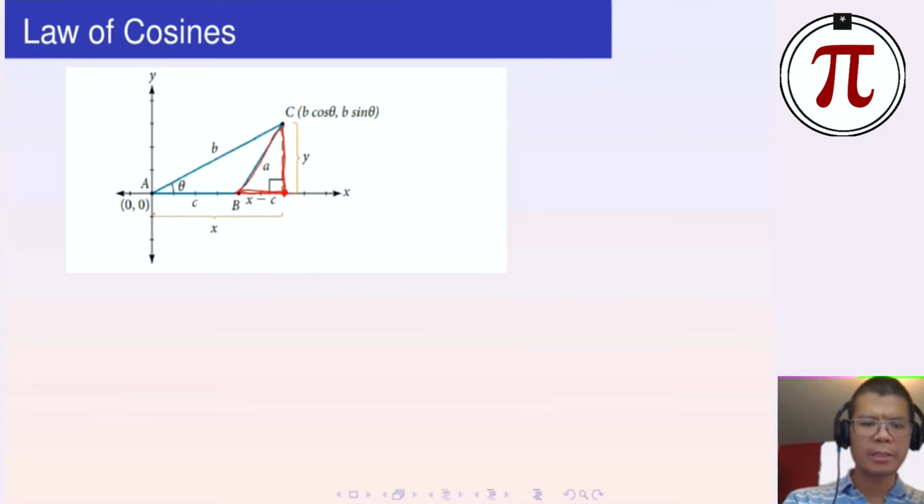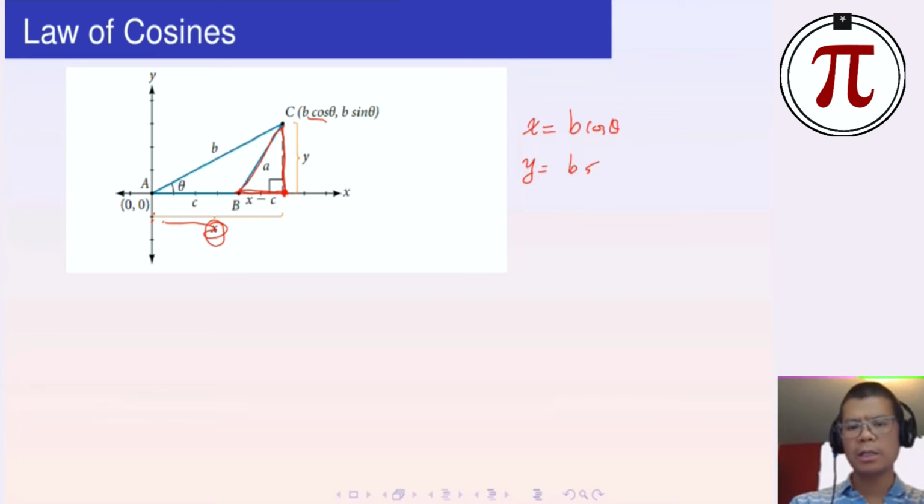This distance x equals what? x is the x coordinate of point c. So x is b cosine theta. y equals what? b sine of theta, right? Make sense?